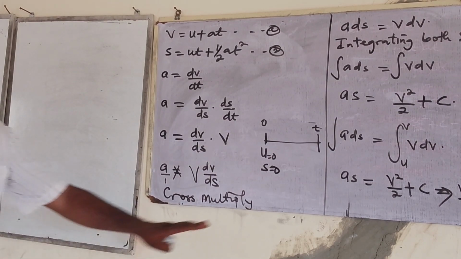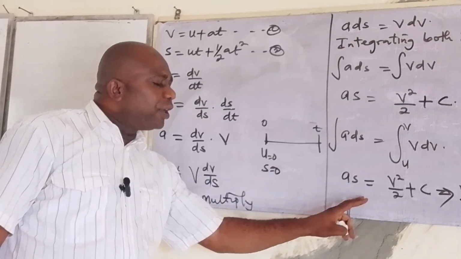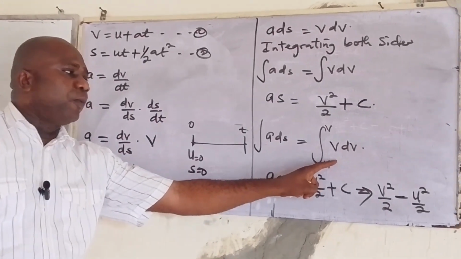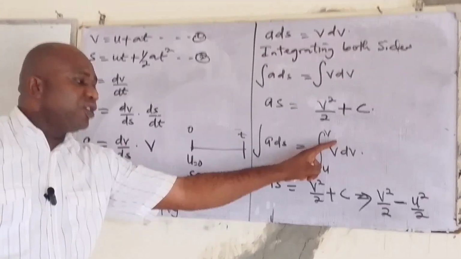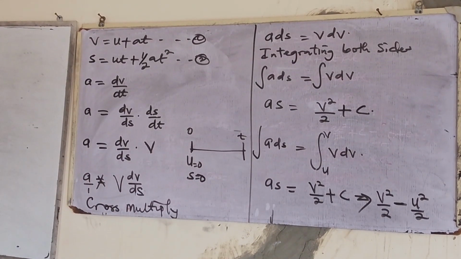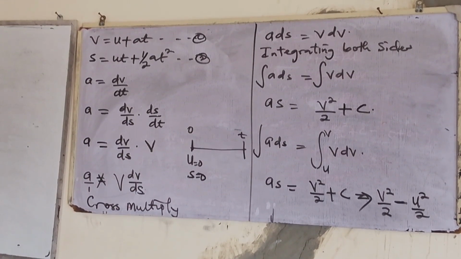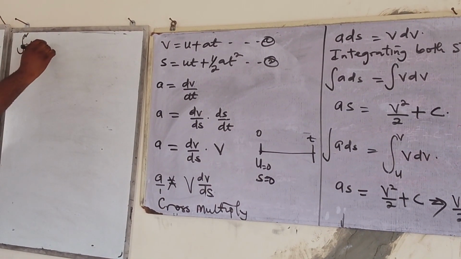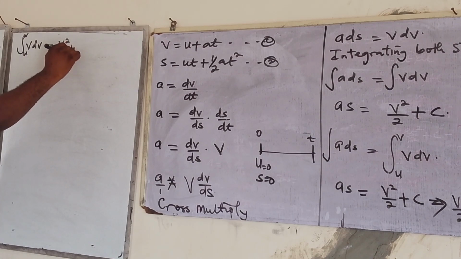Now let me explain this clearly. The body starts from the initial velocity u, and v is the final velocity. When we integrate v dv with the final velocity and the initial velocity as limits, that gives v squared all over 2 plus c.